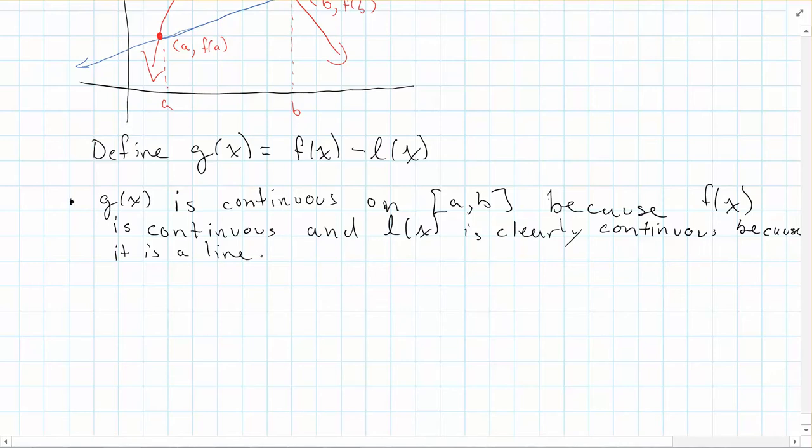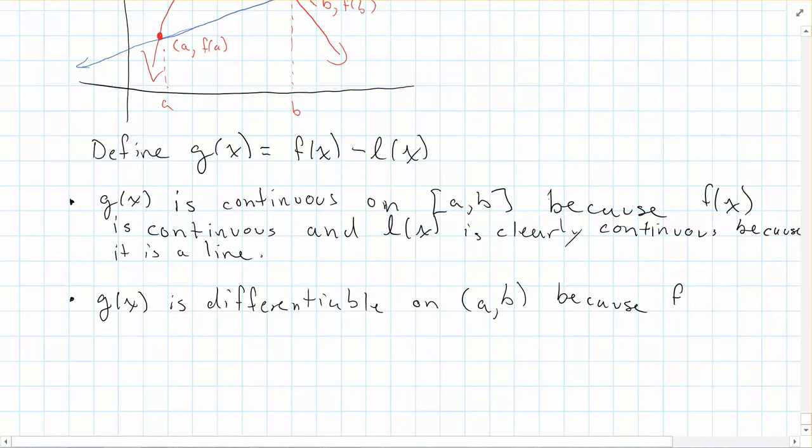And I'm going to write this in kind of bullet point form. Then we know that g(x) is differentiable on the open interval (a, b). We know that because f(x) is differentiable on (a, b), and again we know that because it's stated in the theorem.